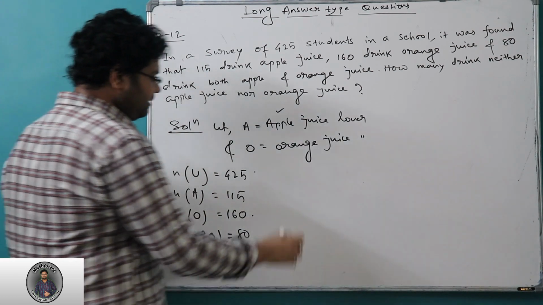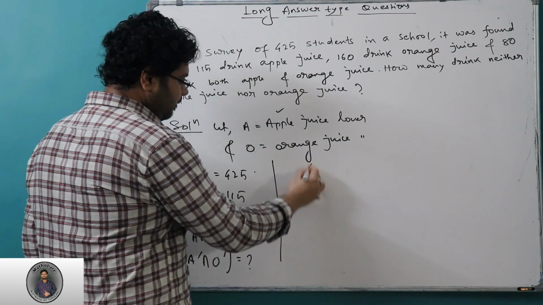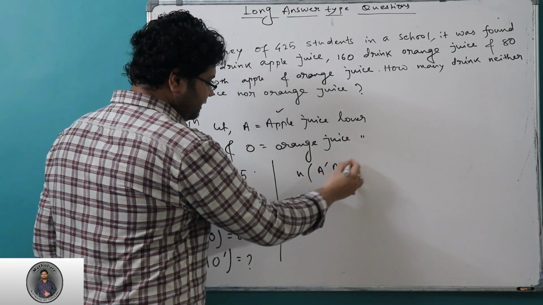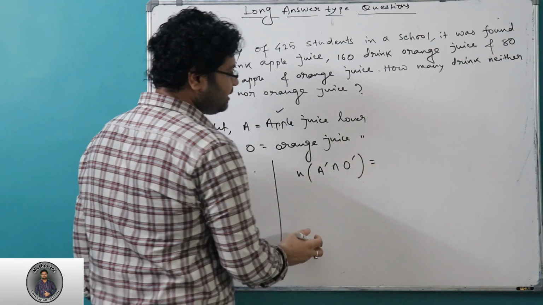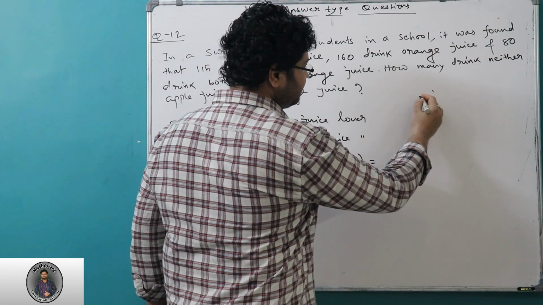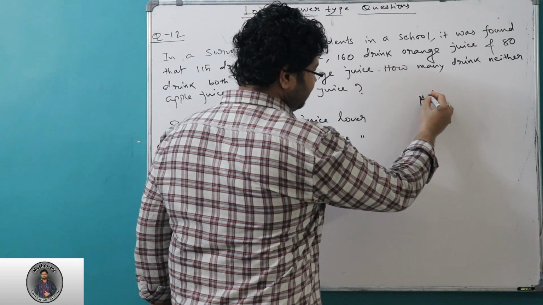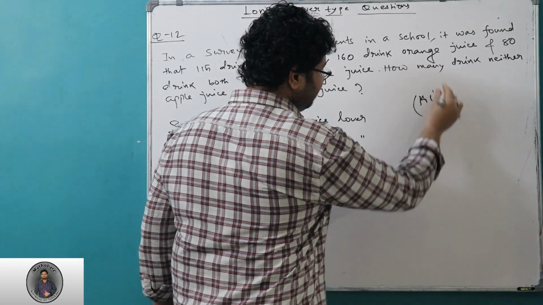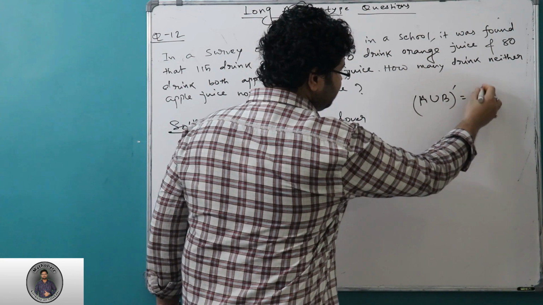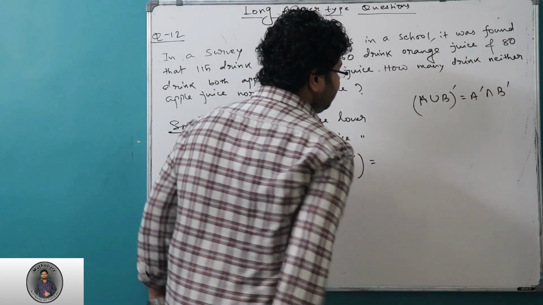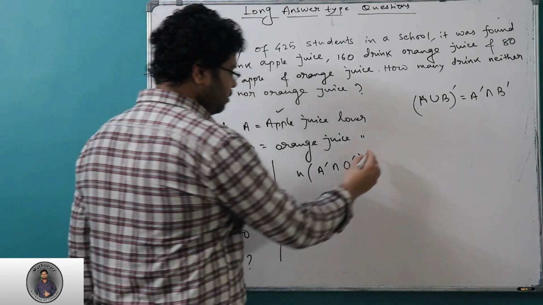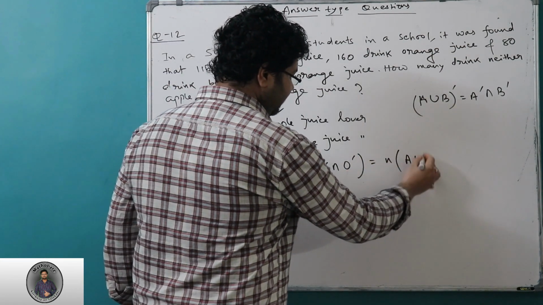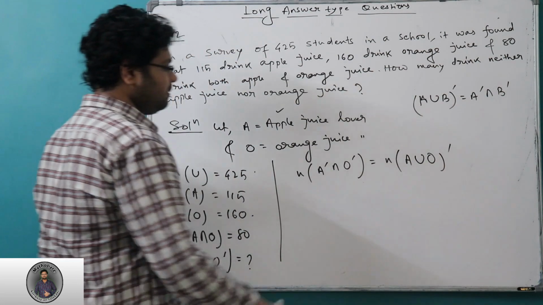And now how can we find that n of A complement intersection O complement? If we use De Morgan's law of set theory, and that law was: A union B, its complement, equals A complement intersection B complement. So here n of A complement intersection O complement is n of A union O and its complement.